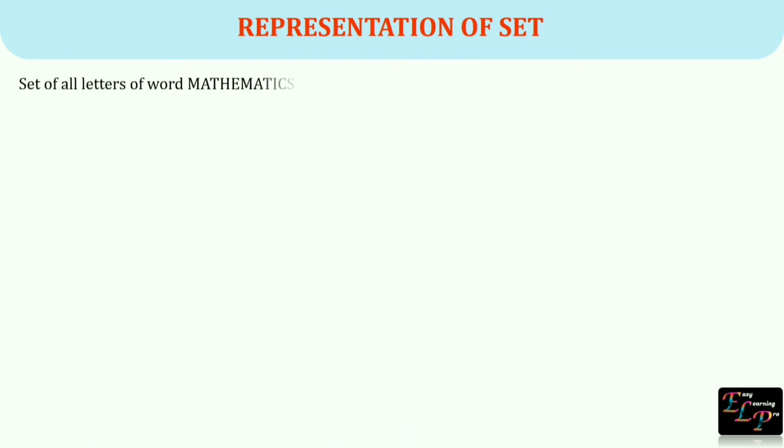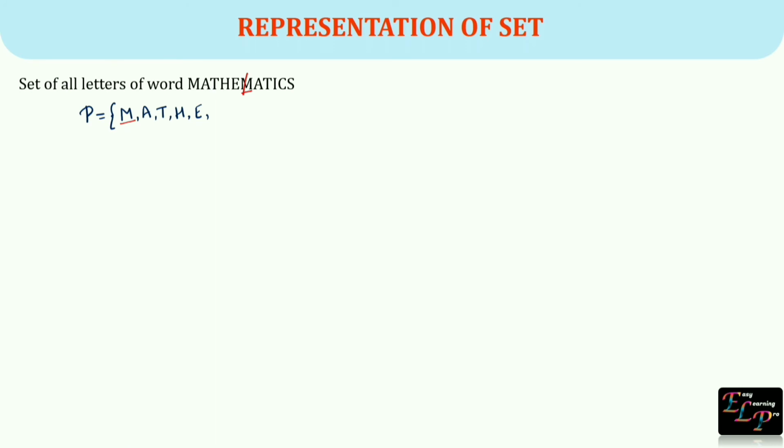Consider a set of all letters of the word mathematics. Let's write this set in roster form. So the elements of this set are M, A, T, H, E. Next letter is M, but M is already present in the set, so we are not going to repeat this letter.